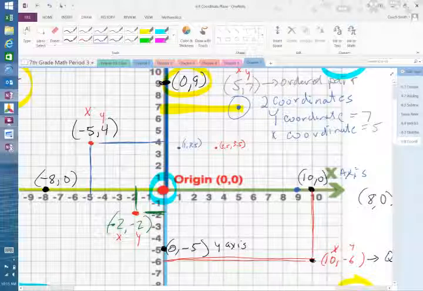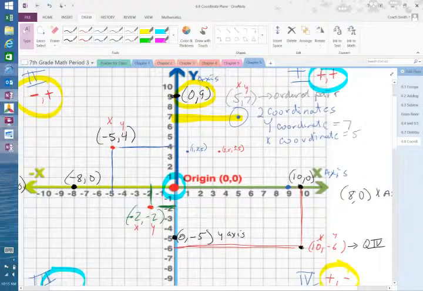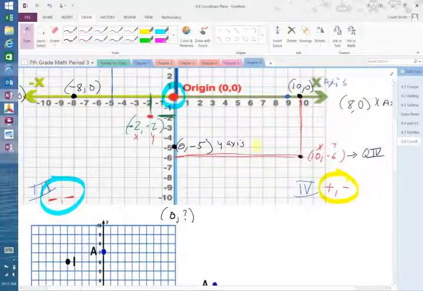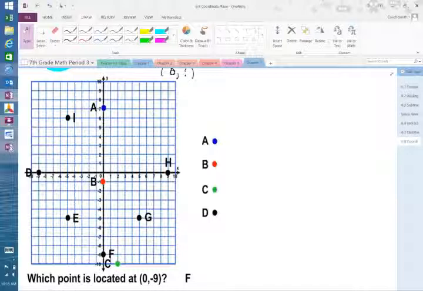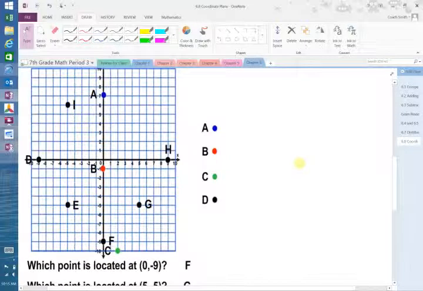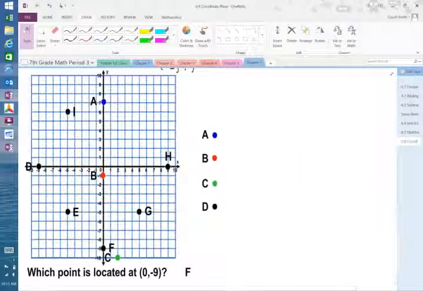All right, now, let's go to the next section, on the back page. As we see here on your page, I've said which point is located at 0, -9, and it's F. So that's 0, -9. Then we've said which point is at 5 and -5?